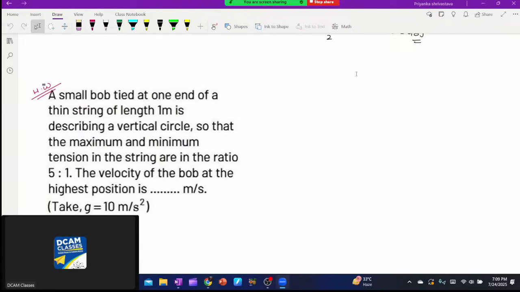No, sir. Then try solving it. So it'll be root... No, one second, sir. I'll check.